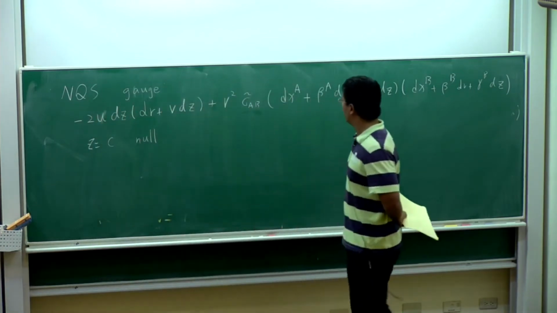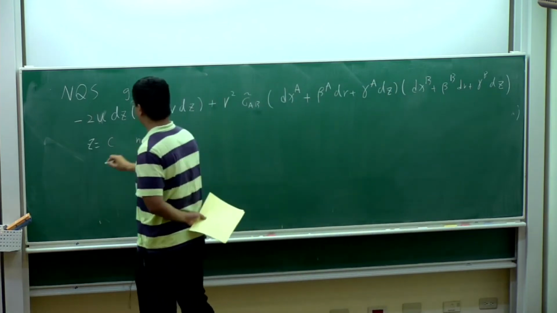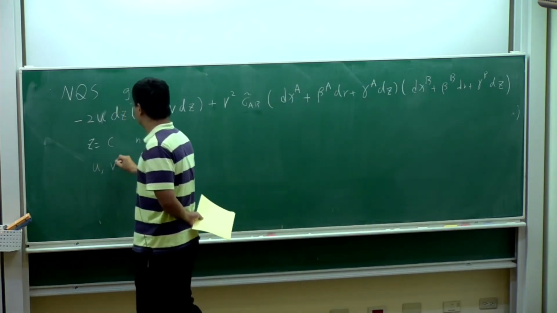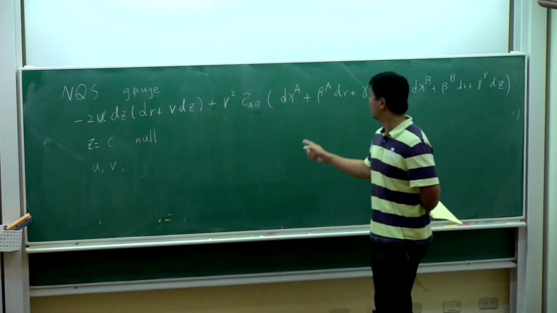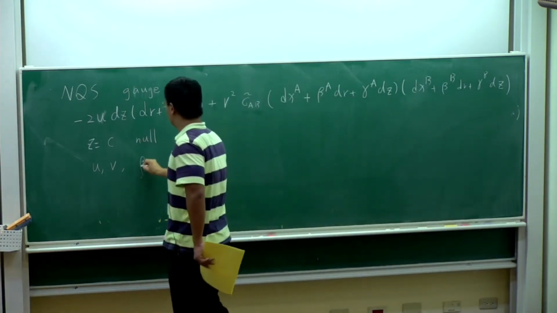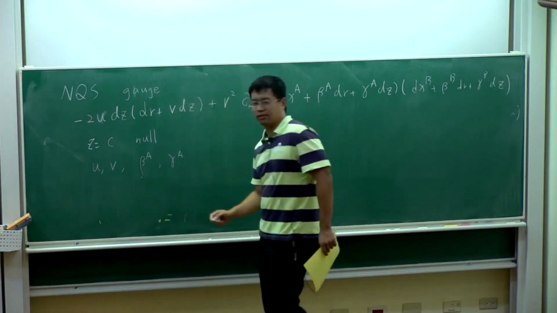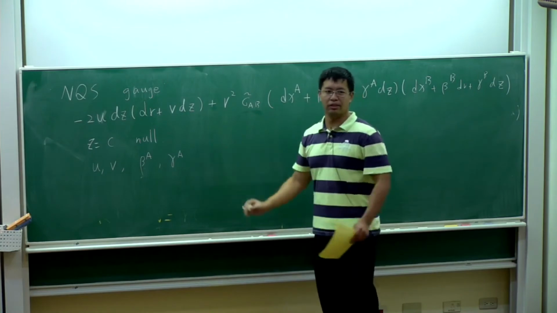Right? And again, I get 6 degrees of freedom. There are 2 scalar functions and 2 vector functions here and here. Obviously, this is the setup here.